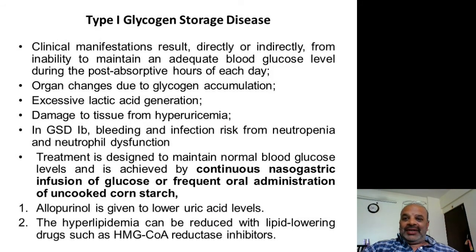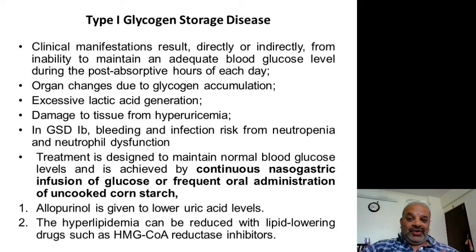What happens in this condition is you are not able to maintain sufficient blood glucose level during the post-absorptive states each day. So that is why, if you remember, the first slide we talked about was fasting ketotic hypoglycemia.